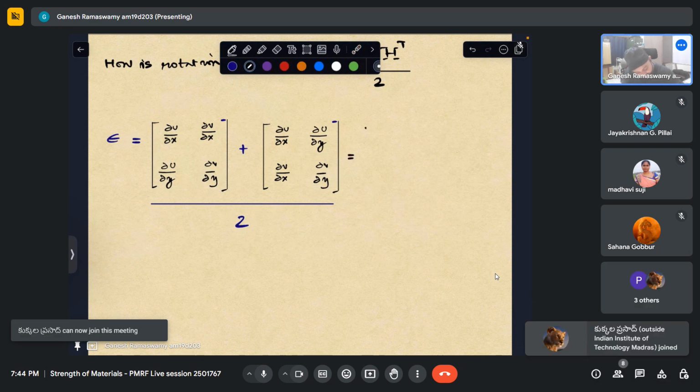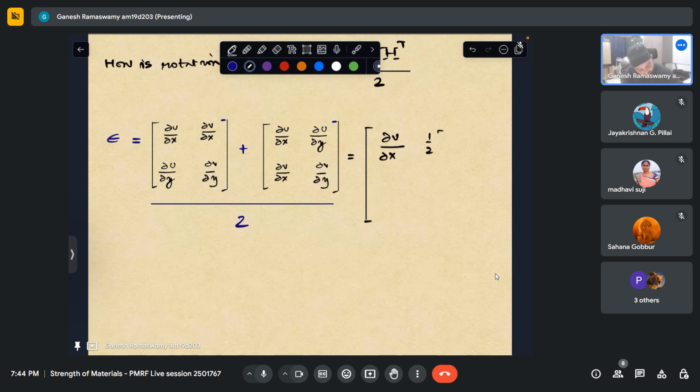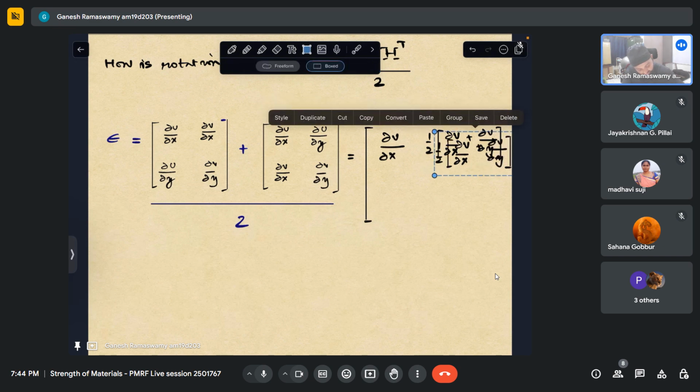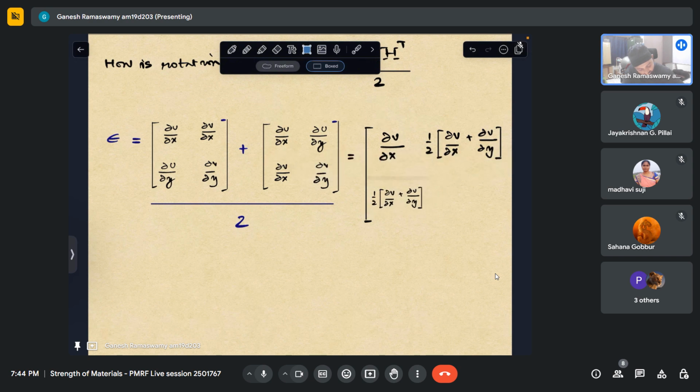So the strain is given by dou u by dou x, half of dou v by dou x plus dou u by dou y, and it is symmetric, so this quantity will also come out to be the same. And then I have dou v by dou y. So this is my strain tensor.